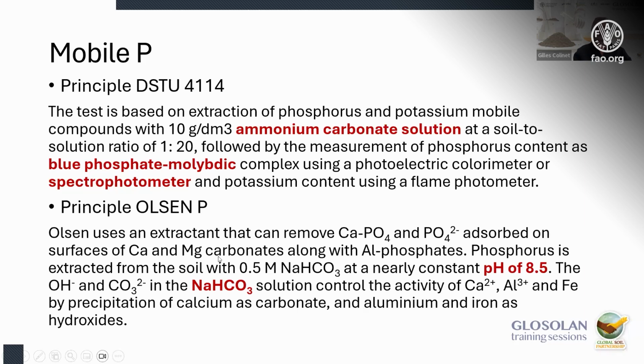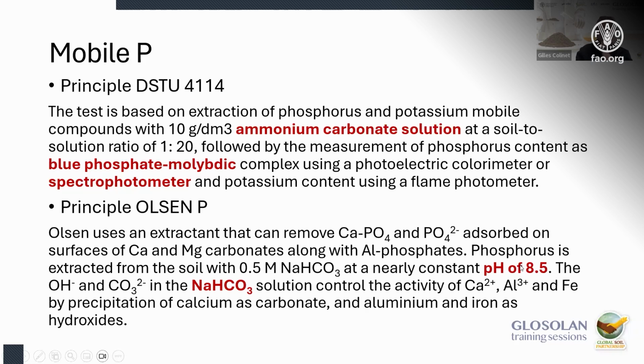Here in the Olsen P, the idea is to have an extraction with sodium bicarbonate, 0.5 molar, at a constant pH of 8.5.